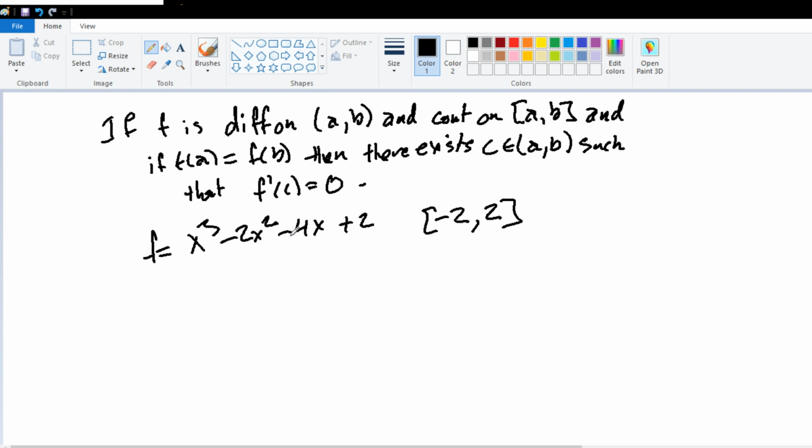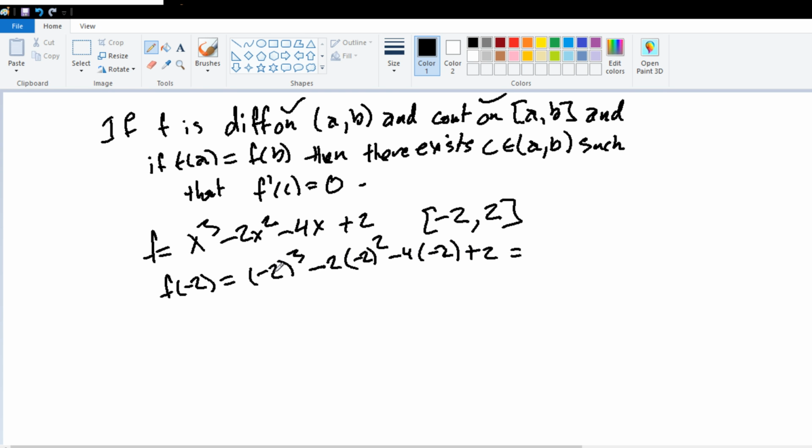Well, polynomials are differentiable and continuous everywhere, so that satisfies this one, and then we just have to show that f of a equals f of b. f of -2 equals -2 cubed minus 2 times -2 squared minus 4 times -2 plus 2, which equals -8 minus 8 plus 8 plus 2 equals, looks like -6 to me.